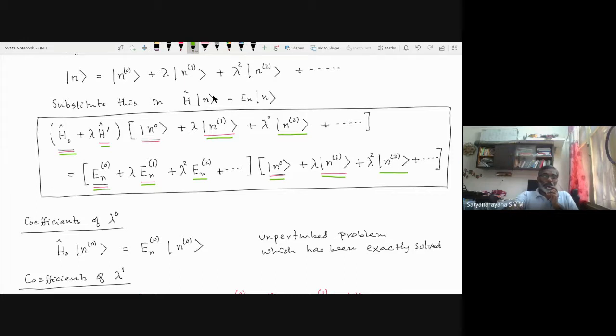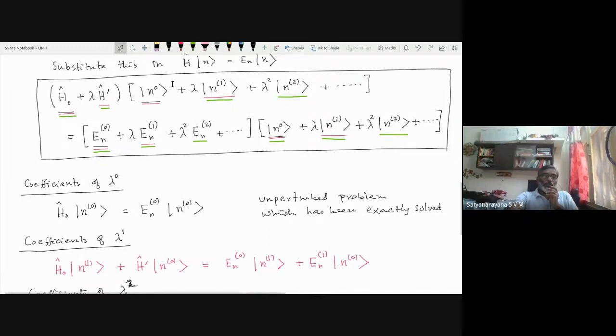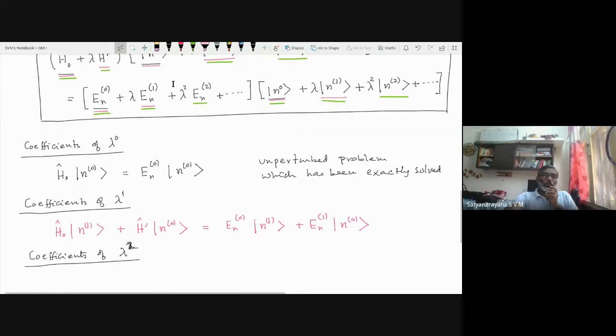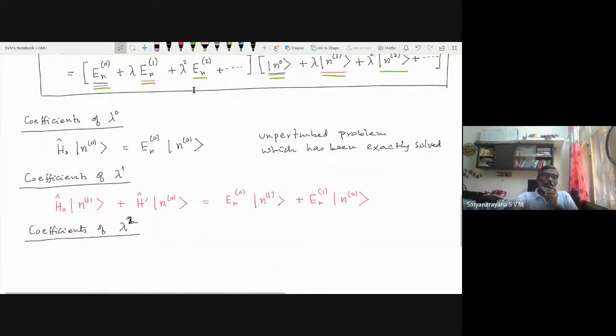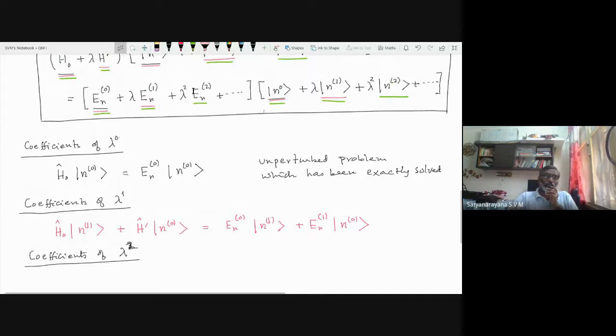You follow? So left hand side is exactly like the previous term. So let me keep this here. So I have H0 acting on n2 plus H prime acting on n1.